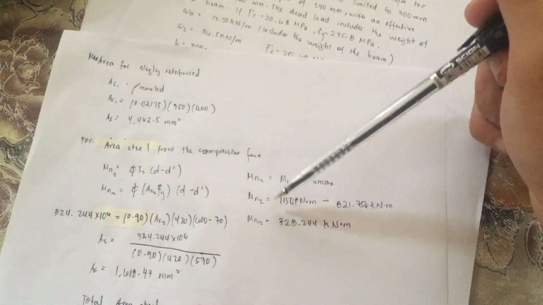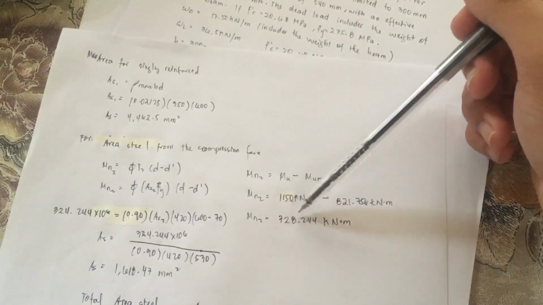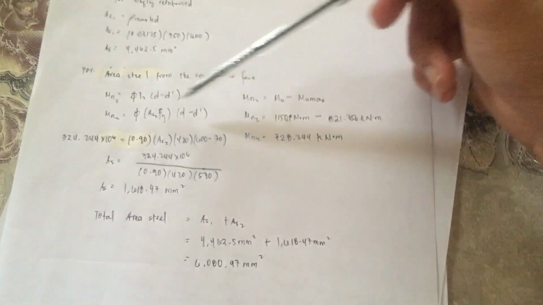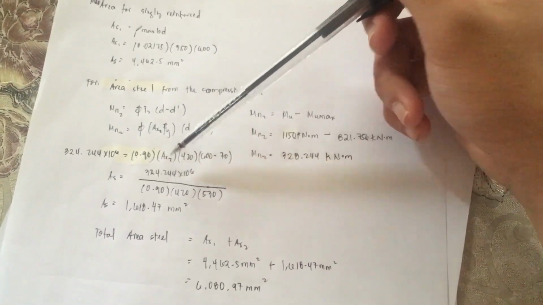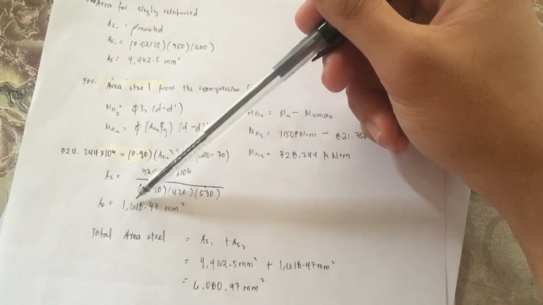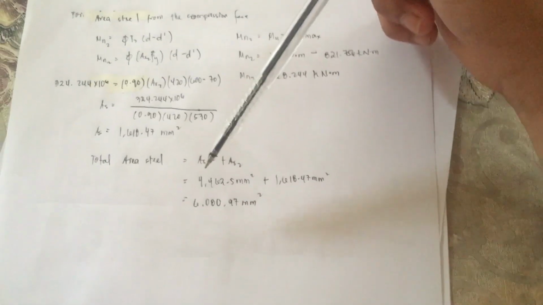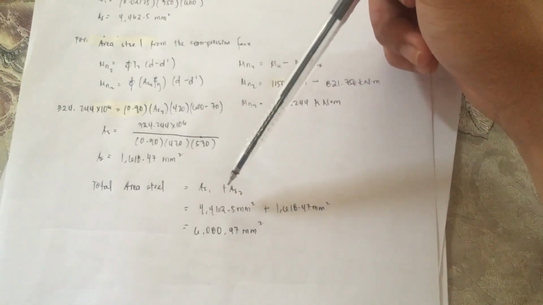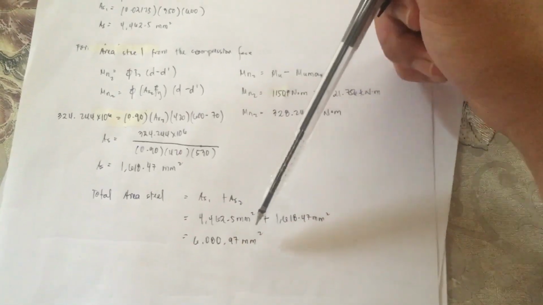So by that, we'll get the moment experienced in the compression face is equal to 328.244 kilonewton meter. So by substituting all the given values to get AS2, or the area of steel required for the compression face, we have 1,618.47 mm squared. So by that, we get the total area is equal to AS1 plus AS2, which is just equal to 6,080.97 mm squared.